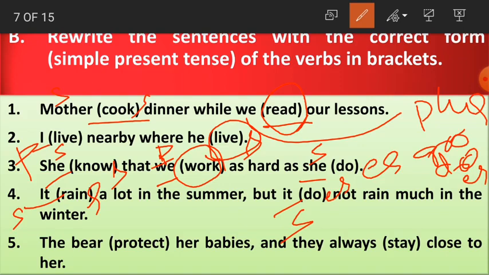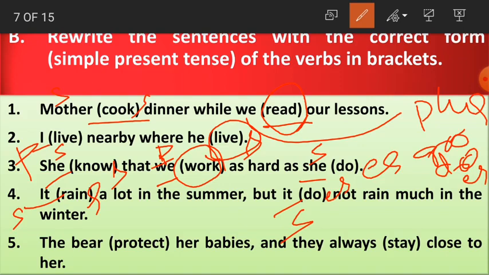For other types of words like work, rain, know, live, we are just adding s. So in this you also have to concentrate. You have to try to identify which words are going to end with es and which are going to end with s. Okay, children, don't get confused.